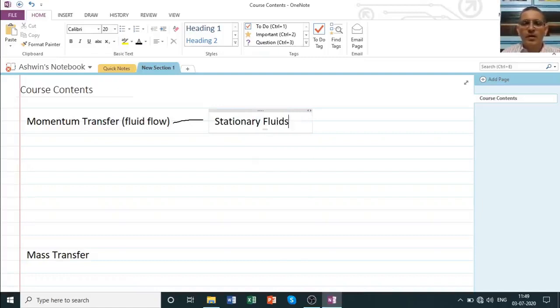What happens in stationary fluids, what are the different forces that are there in stationary fluids, and why we need to consider that. Okay, that's one. Second thing we are going to look at is fluids which are moving.